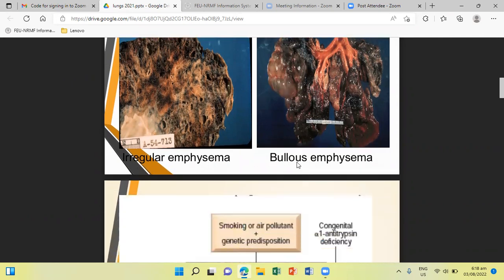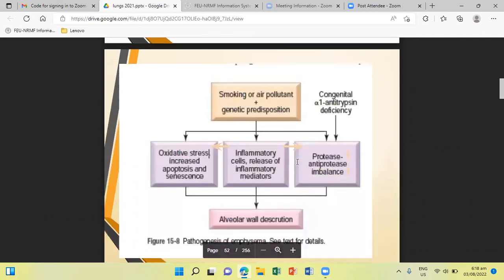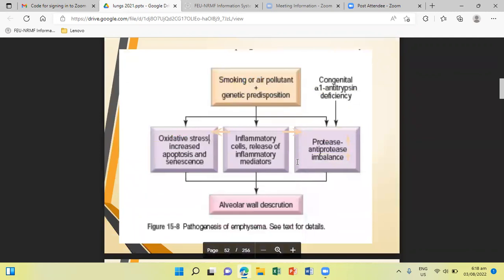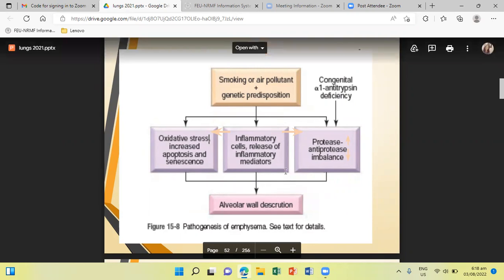So, what causes emphysema? I already told you a while ago that it is often associated with smoking. So, inhaled cigarette smoke and other noxious particles cause lung damage and inflammation. It will then lead to parenchymal destruction and airway disease. Factors that influence the development of emphysema would include the following: inflammatory mediators and leukocytes.